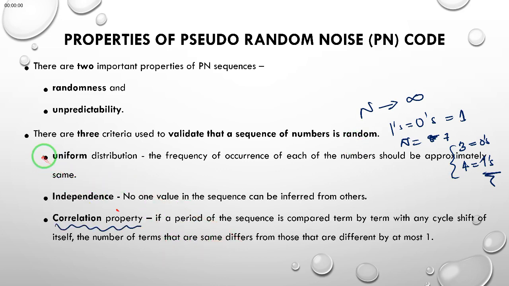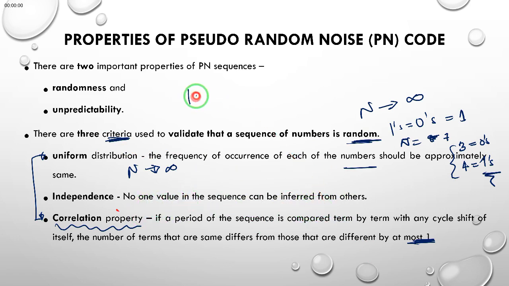These two properties are very related. It says that when n approaches infinity, the number of zeros and ones are the same. But for a small n, the difference between the number of ones and the number of zeros is a maximum of 1. The other criterion used to validate that the numbers are random is independence, such that no one value in the sequence can be inferred from the other.